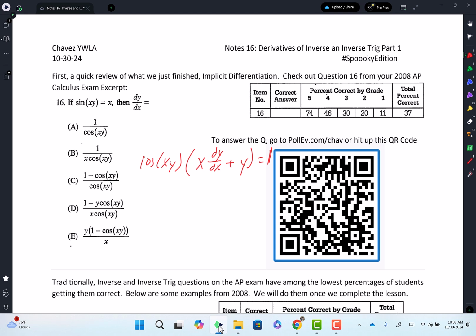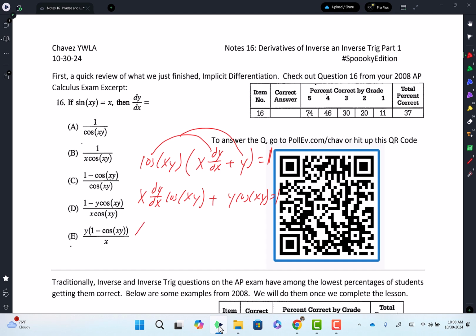And then that's it. Everything else turns to algebra. I'm going to distribute. Bam, bam. So you're going to have x dy/dx cosine xy plus y cosine xy equals 1. We're still okay? I don't see any issues. I'm going to move whatever does not have a dy/dx to the right.